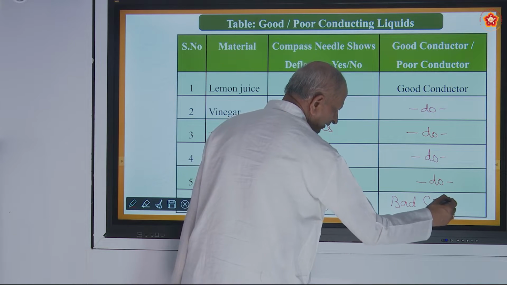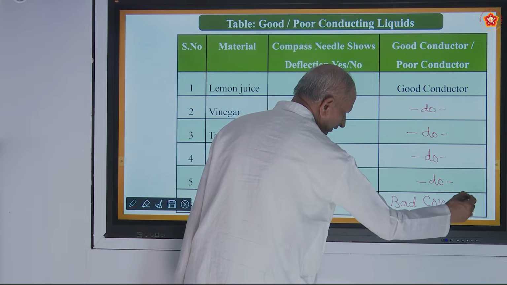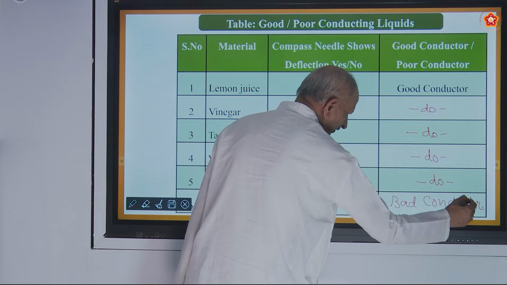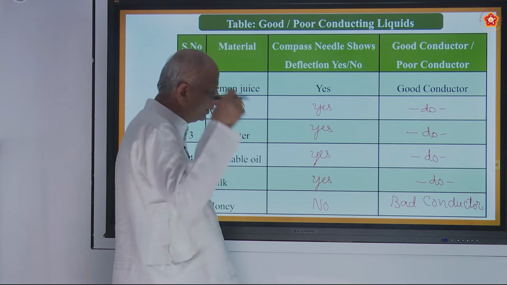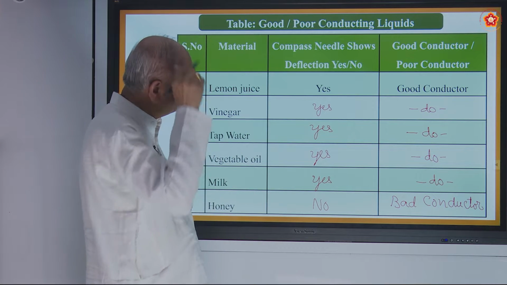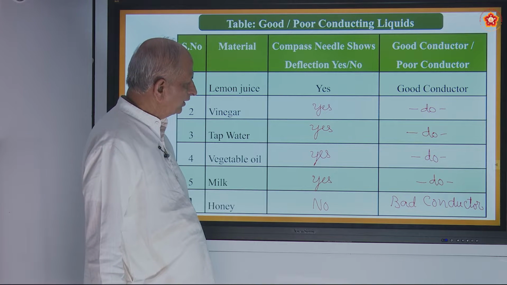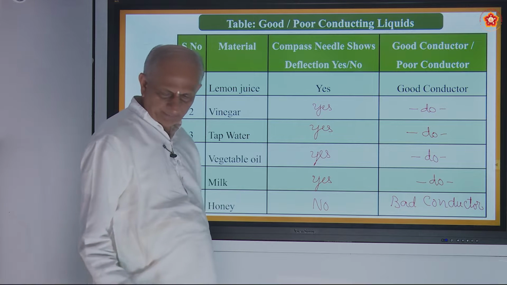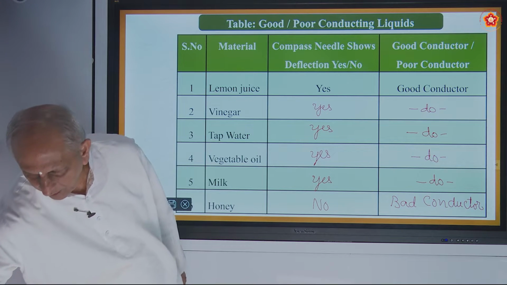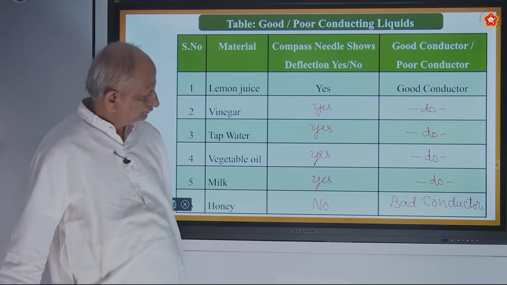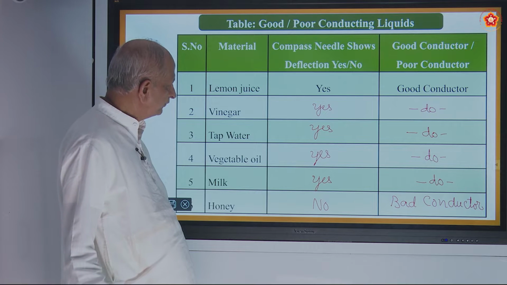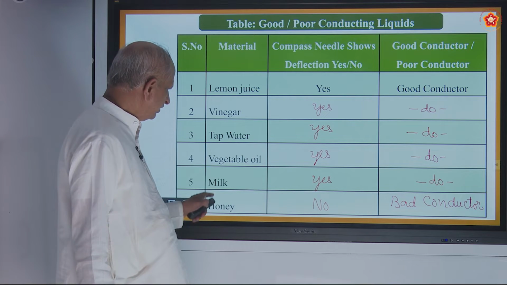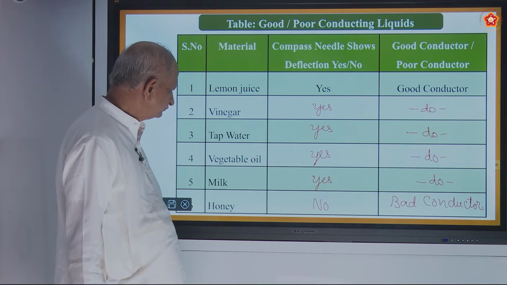And pure milk is a bad conductor, but only when you make dilute milk, it's a good conductor. Instead of bad you can use the word poor conductor. So here actually milk is a poor conductor.